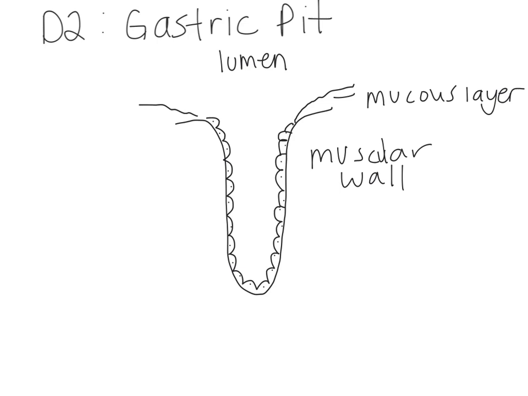This first zone of cells that's nearest to the top of the gastric pit, these are our mucus secreting cells. And obviously their job is to secrete mucus. They're up near the top of the gastric pit because that's where the mucus layer needs to be.